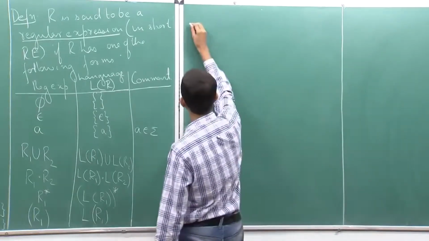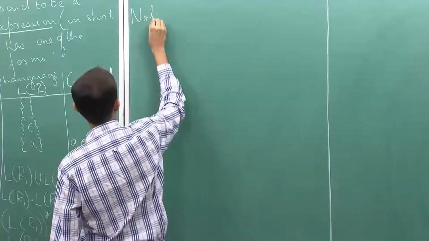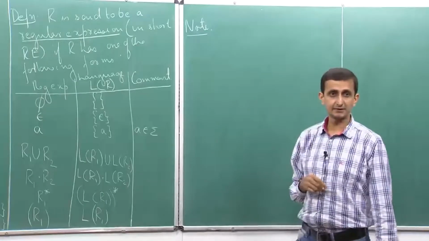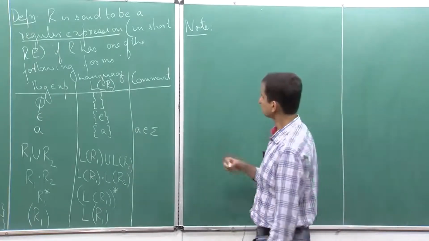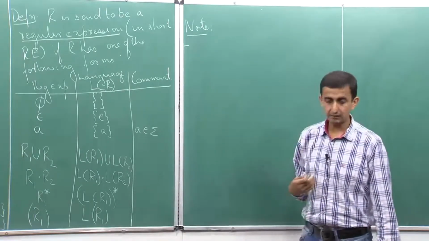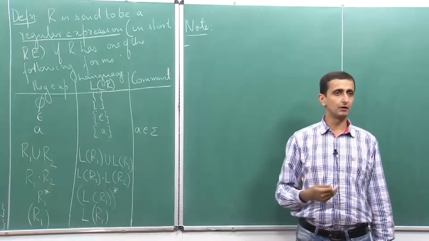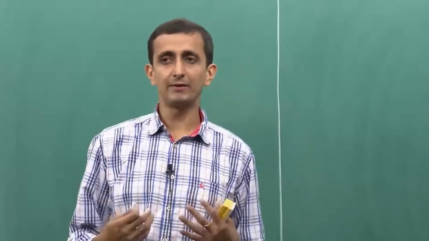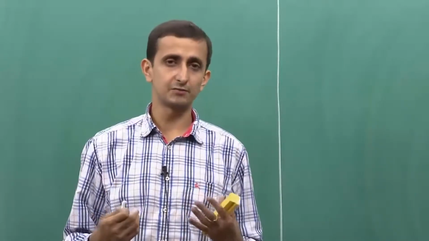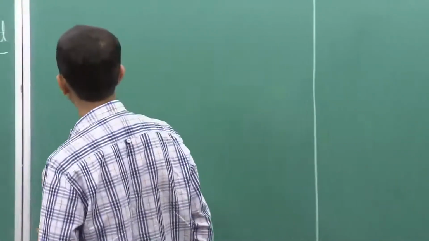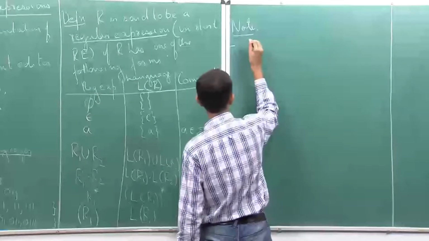Now let's look at some properties and conventions of regular expressions that we often use. The first one is similar to what we said in the context of automata: when we are given an automaton, there is a unique language that corresponds to that automaton, whether it is deterministic or non-deterministic. The same thing is true for regular expressions as well.